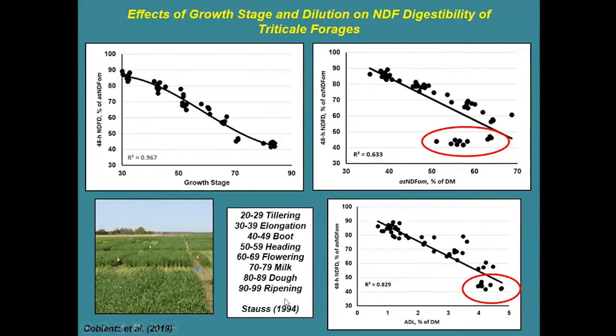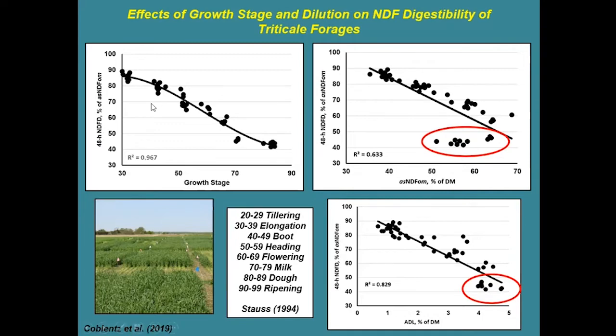And again, we have the same key for growth stage, which I've included here on the graphic. If you look at 48-hour digestibility of fiber as a function of growth stage, again, you get this mostly linear decline as a function of growth stage, which is very similar to what I showed you in the previous slide.